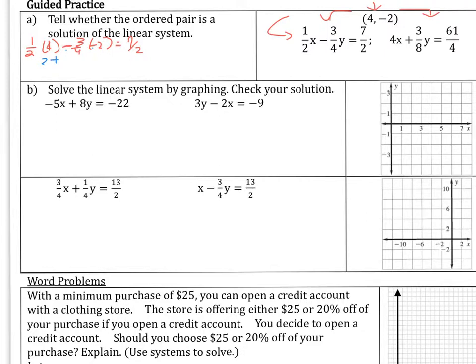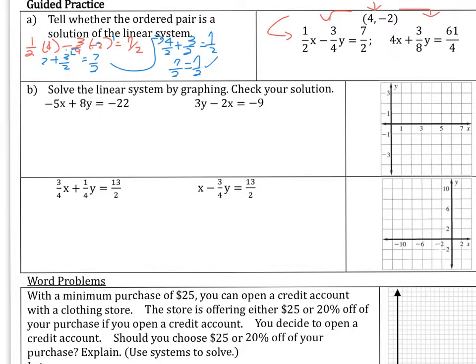And simplify 3/4 times 2, we get 3/2. Okay, I'm going to continue my work here. I'm going to rewrite 2 as 4/2 plus 3/2, and this equals 7/2. So (4, -2) is a solution for the first equation.